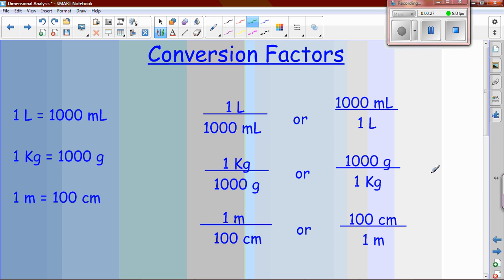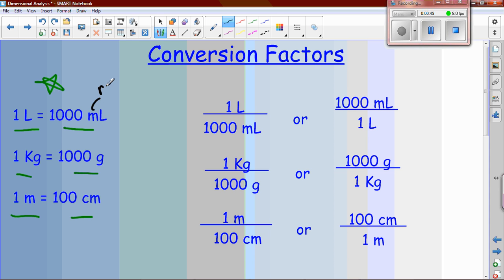Okay, we're going to jump right into our conversion factors, which hopefully you are familiar with and perhaps have committed to memory because you've done these in your previous math and science classes. But in case you haven't, let's look at them. You've got 1 liter is equal to 1,000 milliliters, all right?